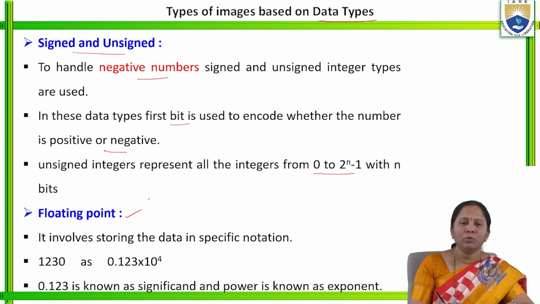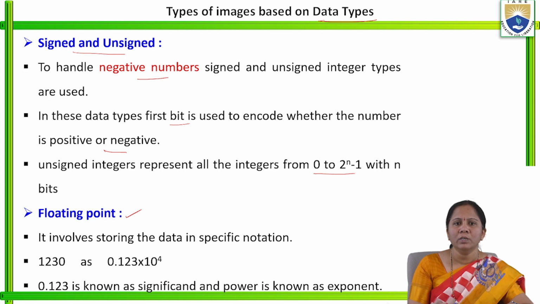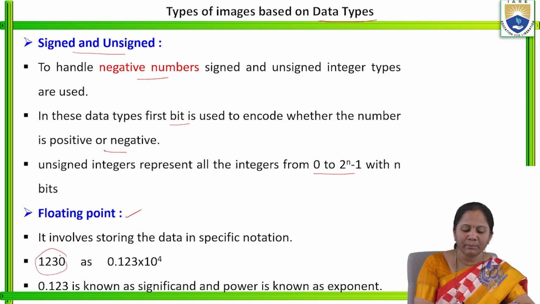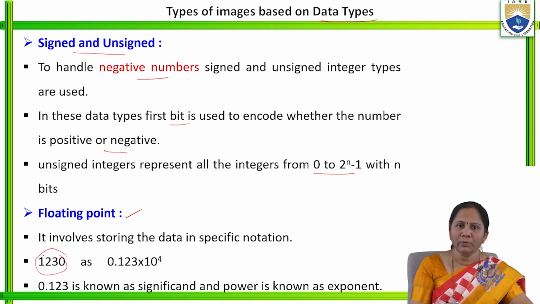Now coming to floating point representation, if we want to represent the data completely in a specific notation, then this floating point representation will be used. For example, if you consider the number 1230, it can also be written as 0.123 into 10 power 4.